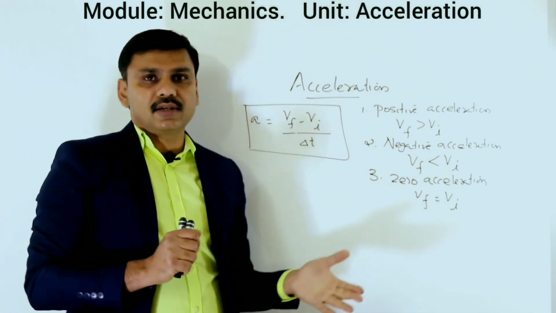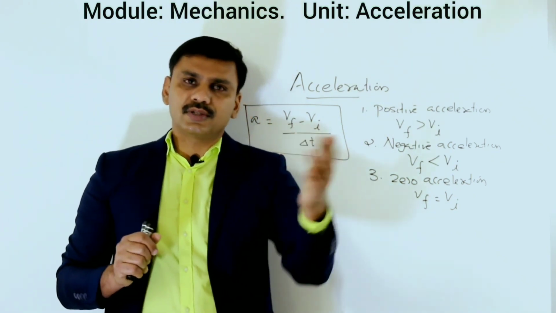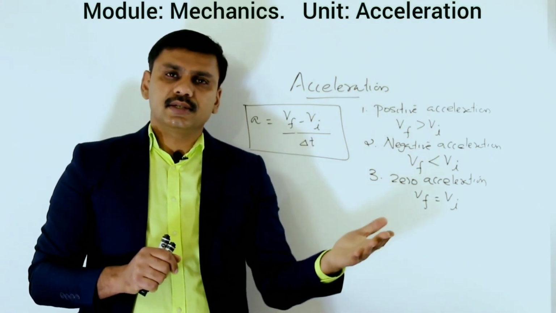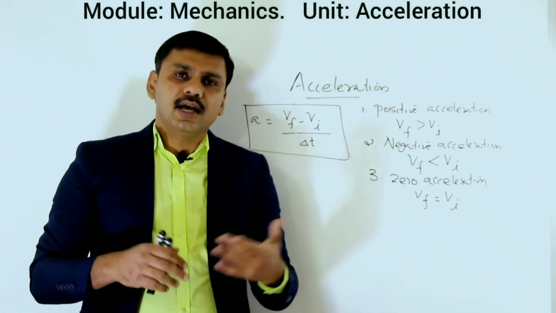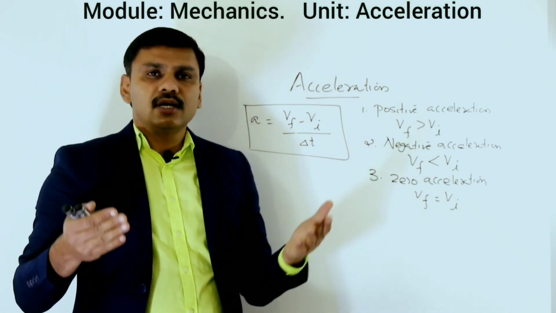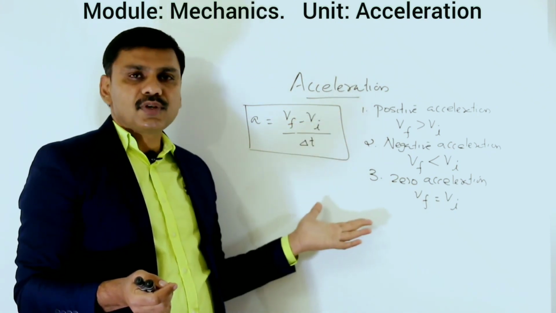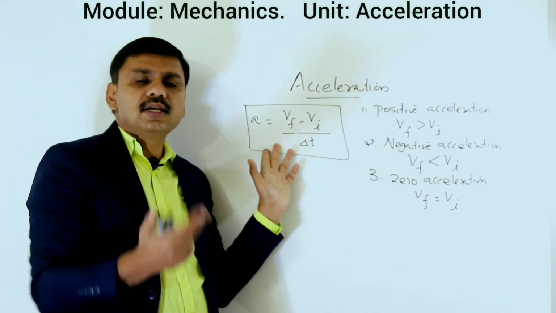So in zero acceleration, the speed is constant. In positive acceleration, the speed is increasing. In negative acceleration, the speed is decreasing, and finally it can come to rest. These are the different types of acceleration, and this is the basic equation for calculating acceleration.